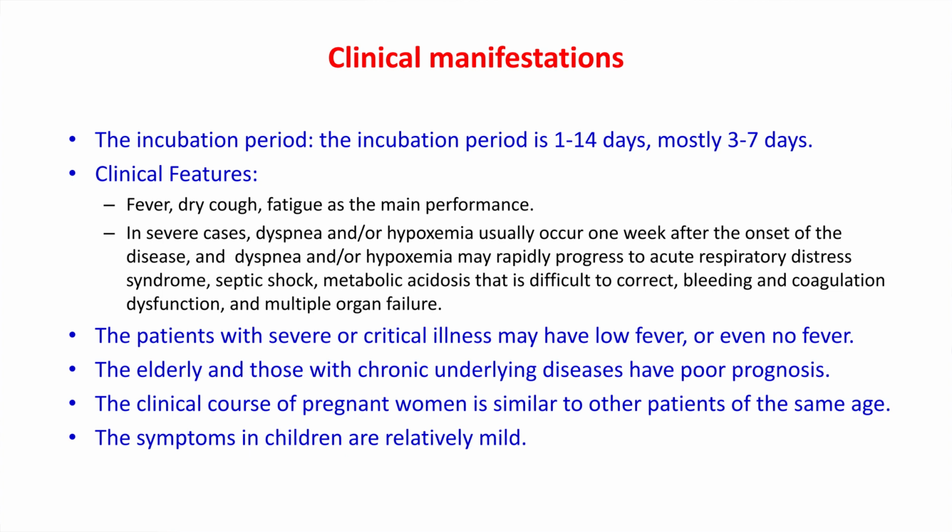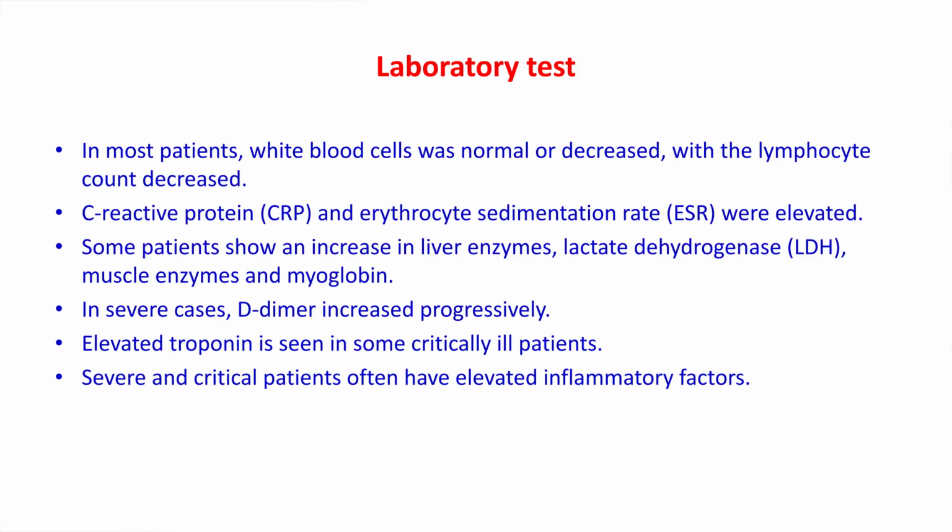The elderly and those with chronic underlying disease have poor prognosis. The clinical course of pregnant women is similar to other patients, and in children it is relatively mild. In the laboratory tests, the white blood cell count is normal or decreased, with lymphocyte count decreased.